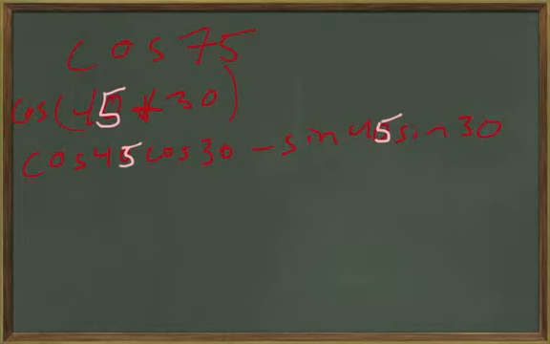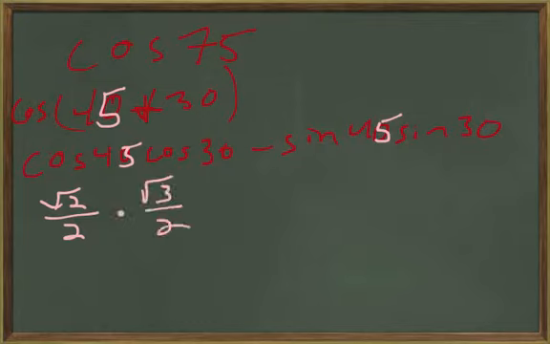So cosine of 45 ends up being square root of 2 over 2 times cosine of 30, which is square root of 3 over 2, minus sine of 45, which is square root of 2 over 2, times sine of 30, which is 1/2. Okay, so now all of these are over 2.